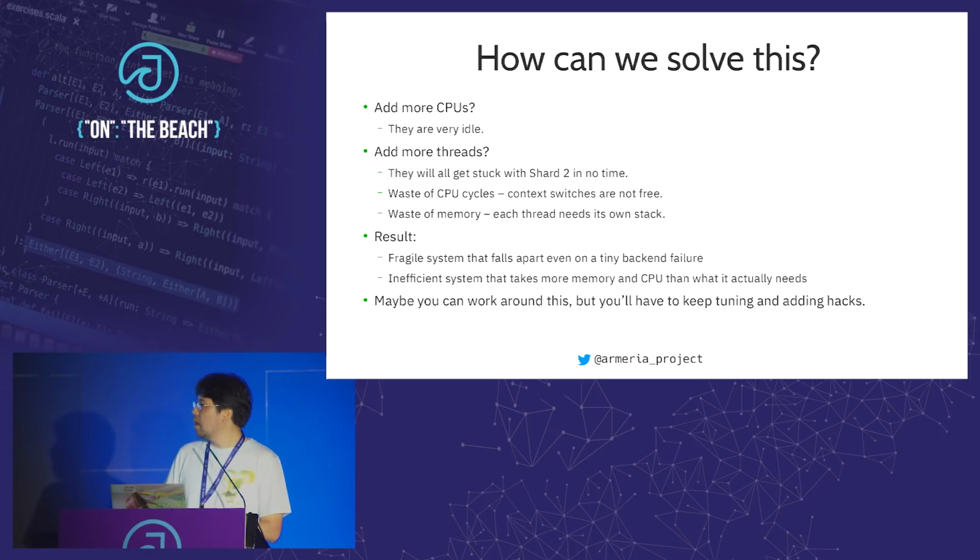For example, thread pool 1 could handle the requests for shard 1, and thread pool 2 could handle the requests for shard 2, something like that. But the fact is you have to keep tuning it whenever the situation changes. For example, when the number of shards changes or your backend configuration changes, you have to reconfigure your application, and you want to avoid that, right?